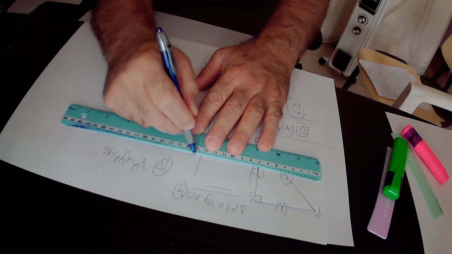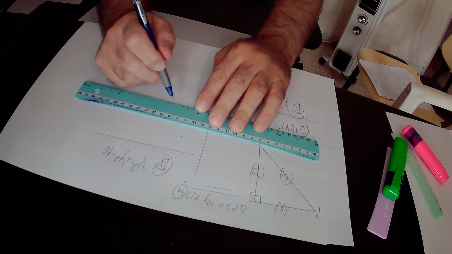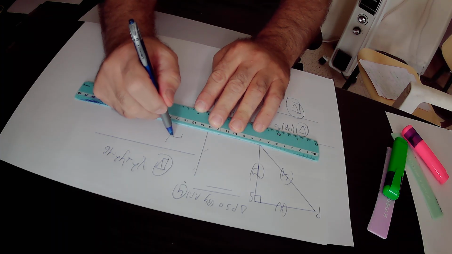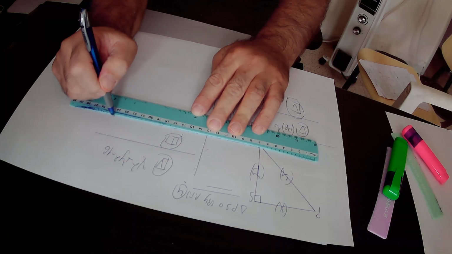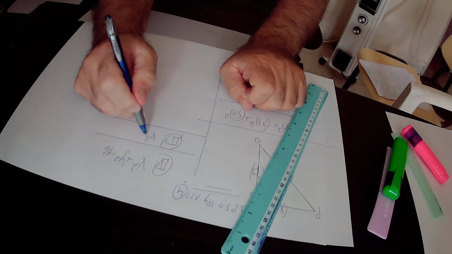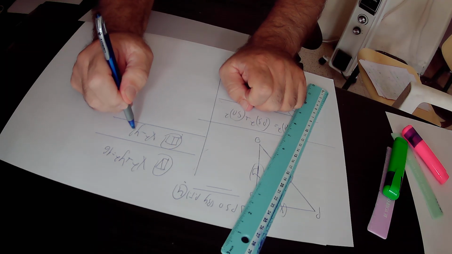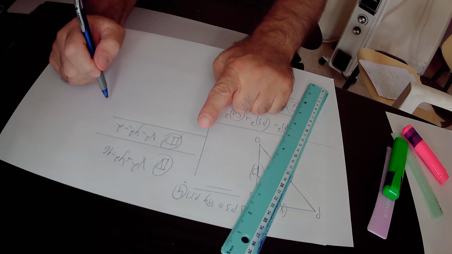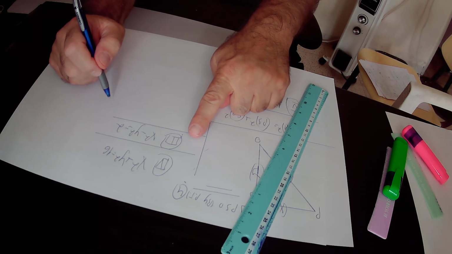Well, according to equation 3, we already found out that x squared minus y squared equals 2. So here we will add equation 4 to equation 3.